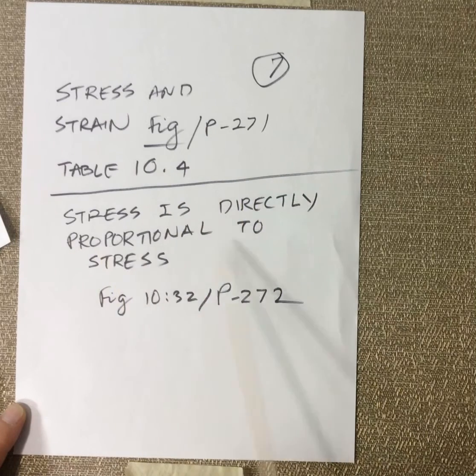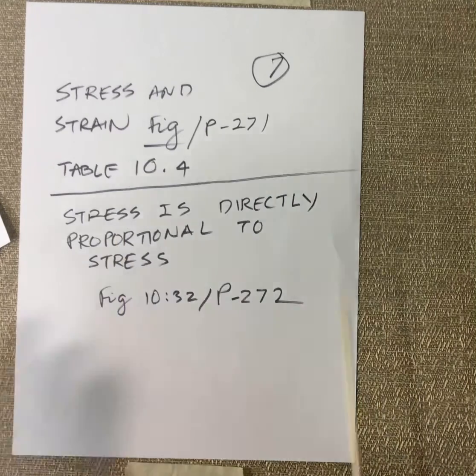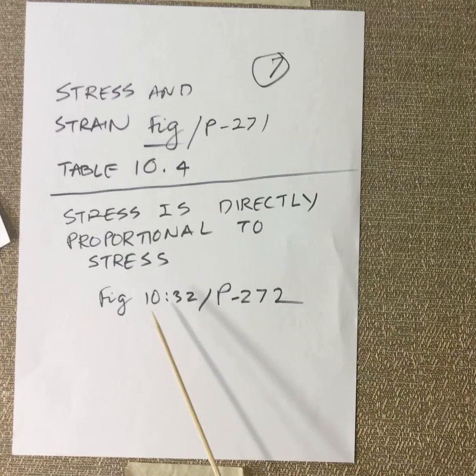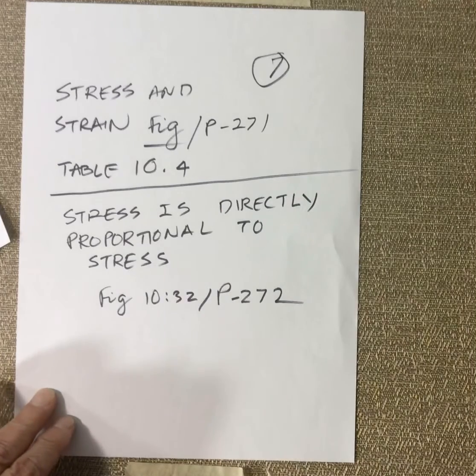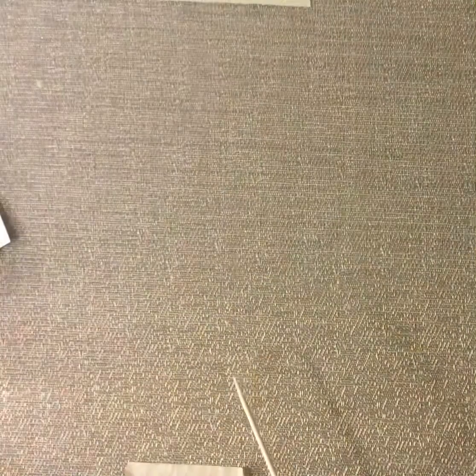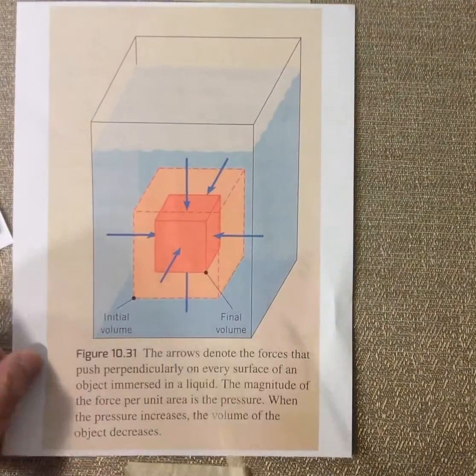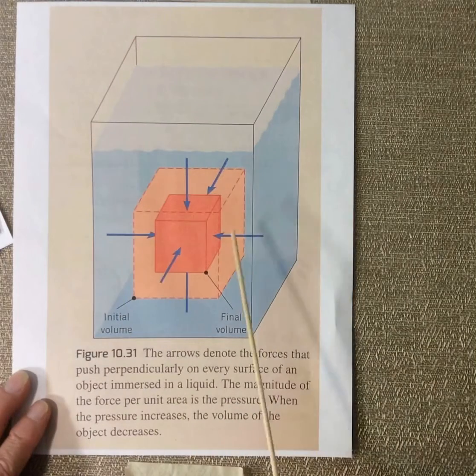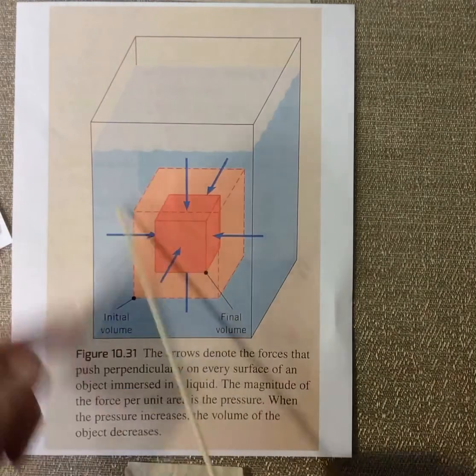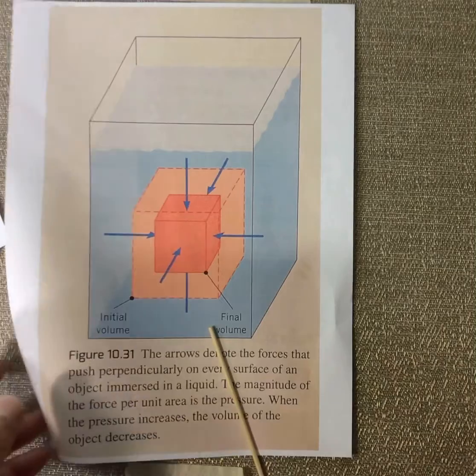Stress is directly proportional to strain, or strain is directly proportional to stress, which is figure 10.23, page 272. This is how your original volume was. Change in volume applying pressure all through, right, left, top, bottom.